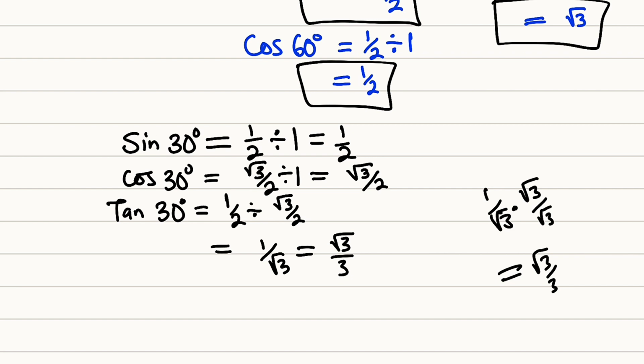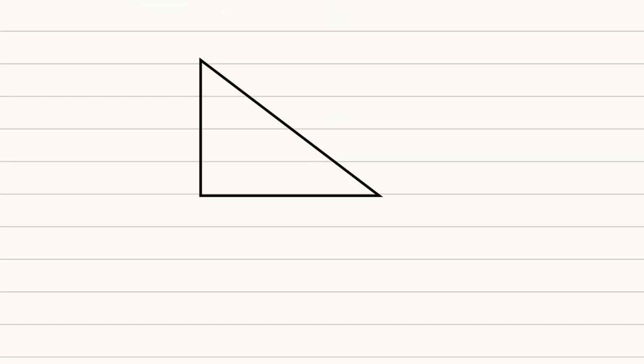Let us move on to the last one, which is 45 degrees. We can obtain angle 45 degrees in an isosceles right angle triangle. Okay, this is an isosceles right angle triangle. This is 90 degrees. This is 45. This is also 45. Remember that the two legs of an isosceles triangle are equal. So if this is x, this must be x. Their ratios will be 1 to 1. So this is 1 and this is 1. And this is the hypotenuse of this right angle triangle, which we need to find.